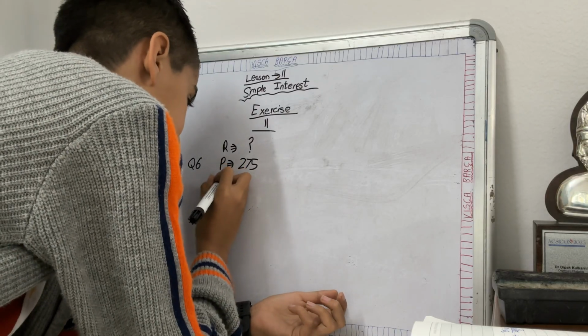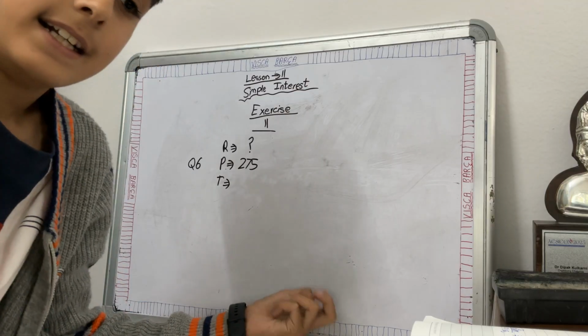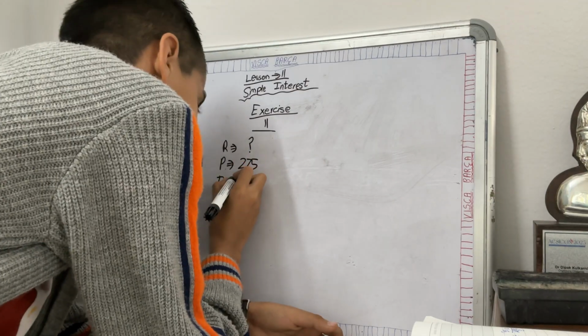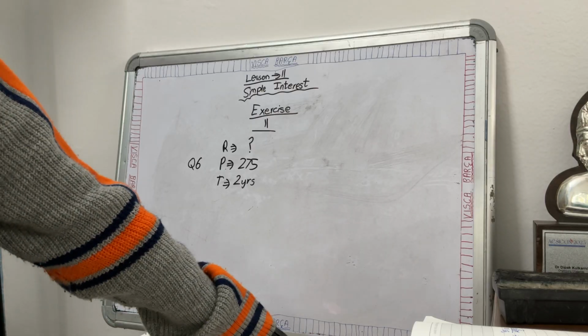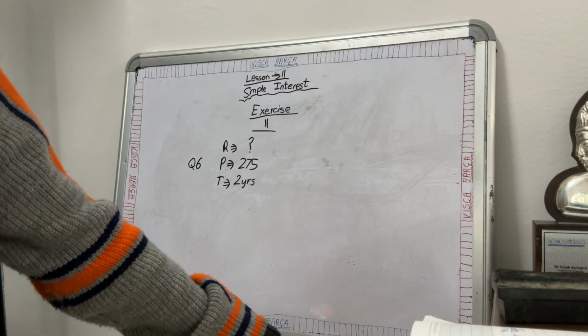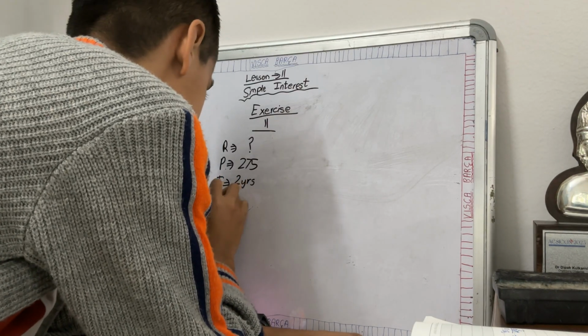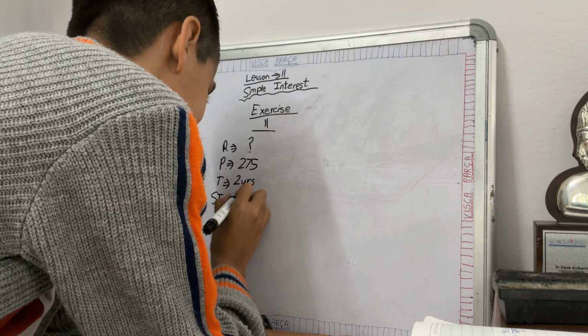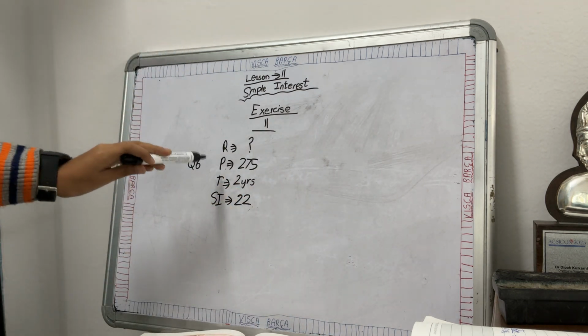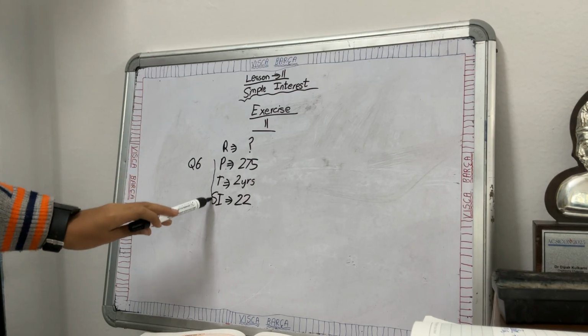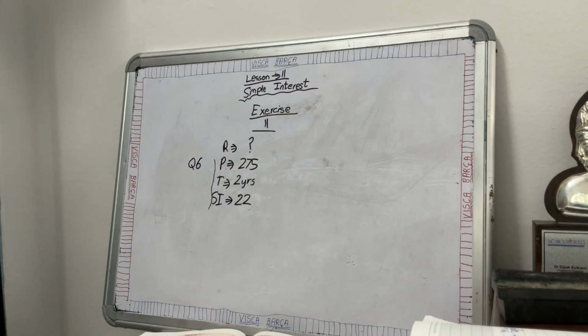Now tell me what's T. T is given, it's 2 years. What is SI? SI is 22.